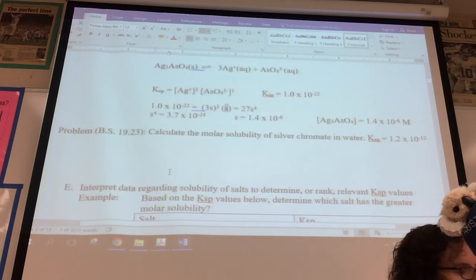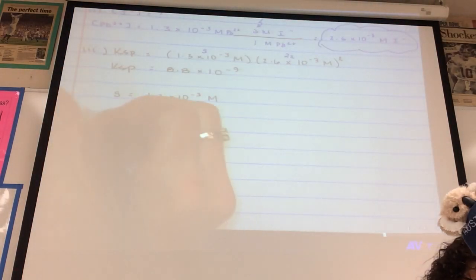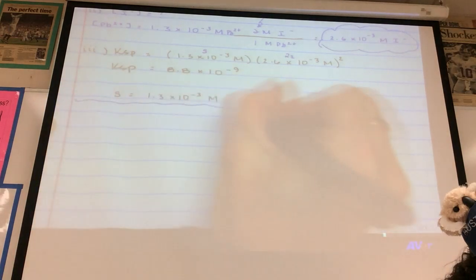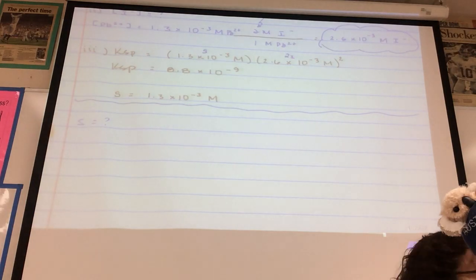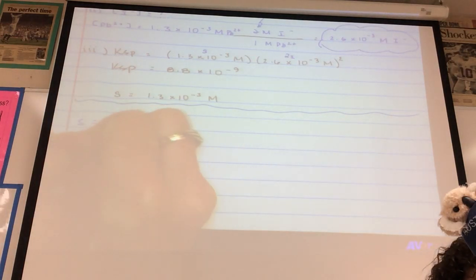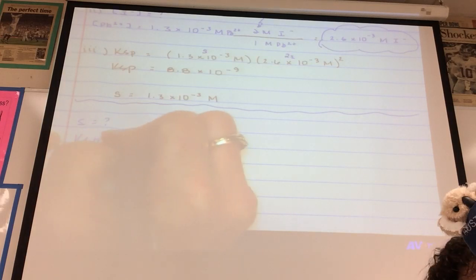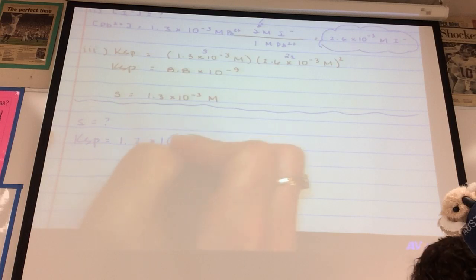Let's do one from scratch, and I think you'll have some basis for it, but until you practice it, you will not have mastery. It says calculate the molar solubility. So we're looking for S, for silver chromate, and KSP is equal to 1.2 times 10 to the negative 12.